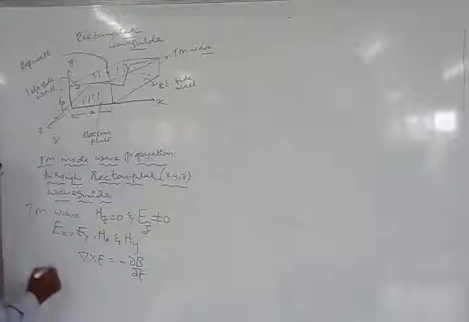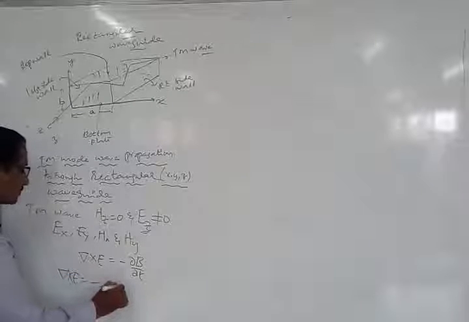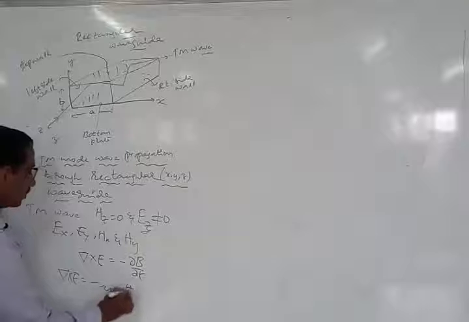Now from this equation, what can I write? Del cross E is equal to minus mu dou H by dou t.